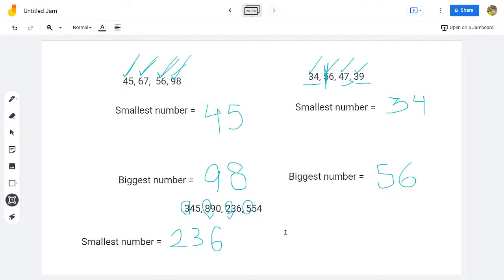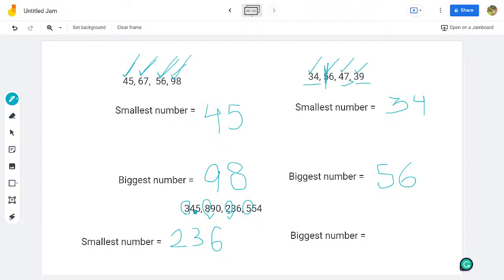Now let's look at the biggest number. For finding the biggest number, we have to compare these four numbers. So 3, 8, 2 and 5 में से we will decide which number is biggest. कौन सा number सबसे बड़ा है.